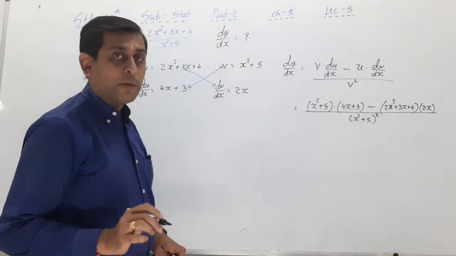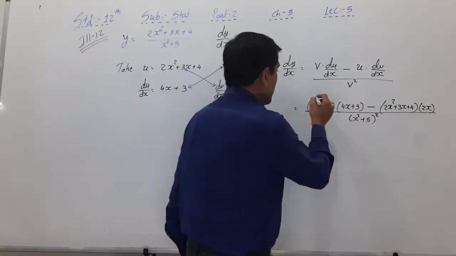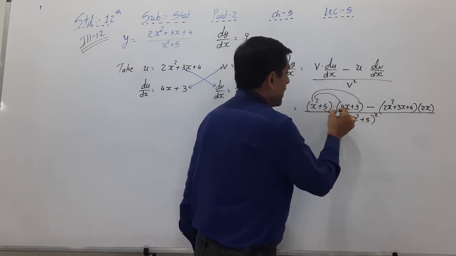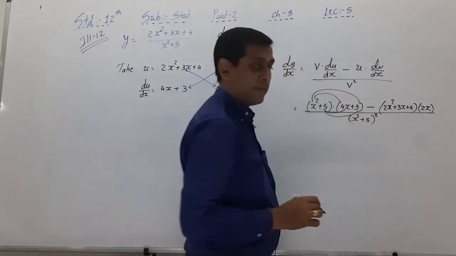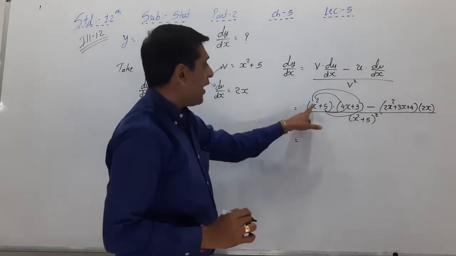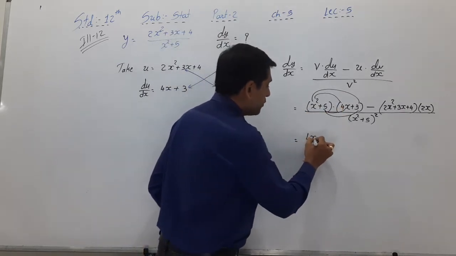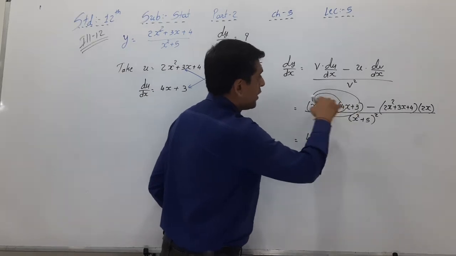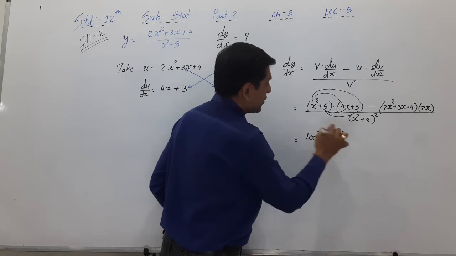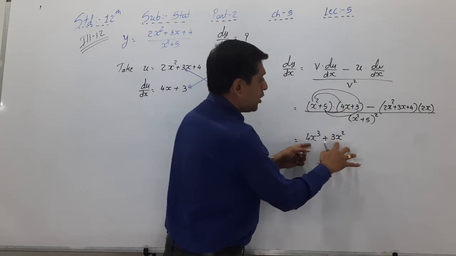Now simplify that. Here we have to open the bracket and multiply. First of all we multiply with this and then with this, then multiply with this and then with this. So x square into 4x is 4x cube. Then x square into 3 is 3x square.